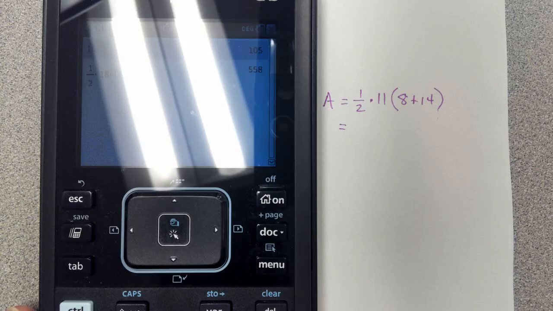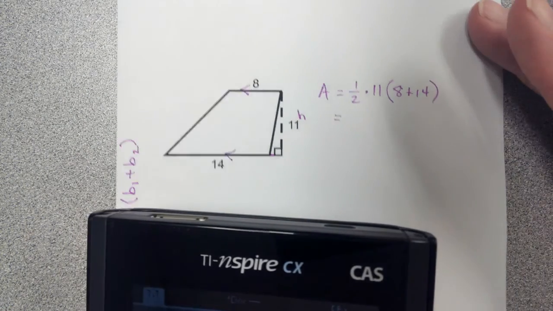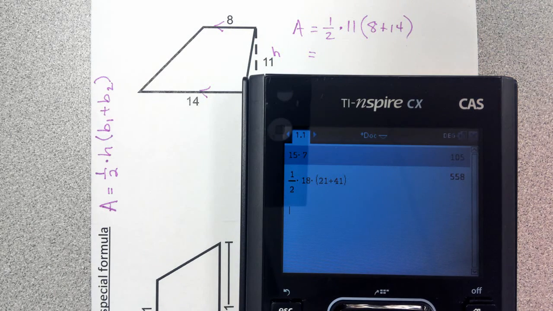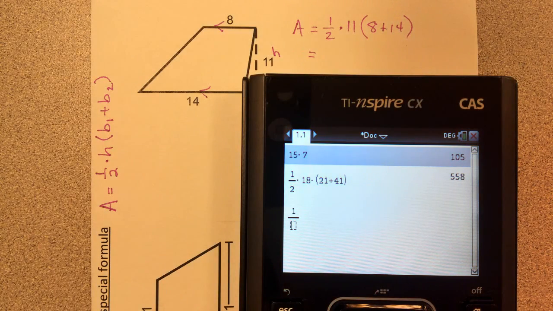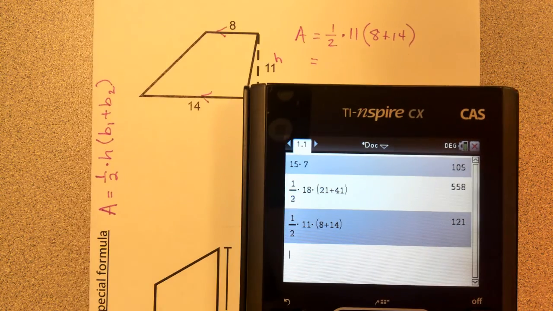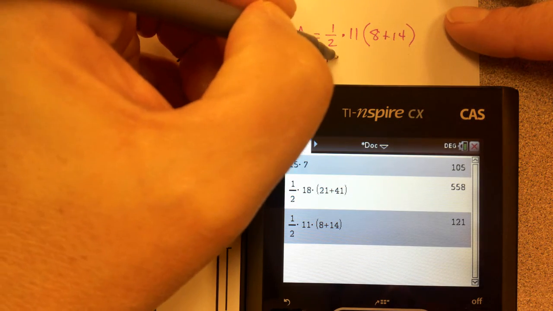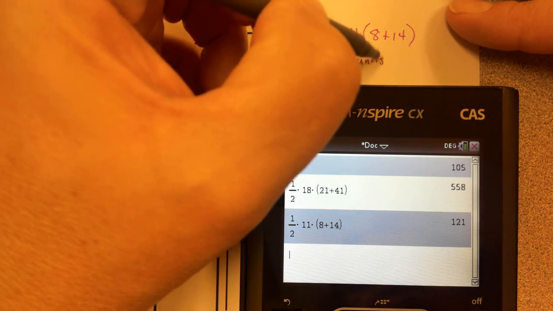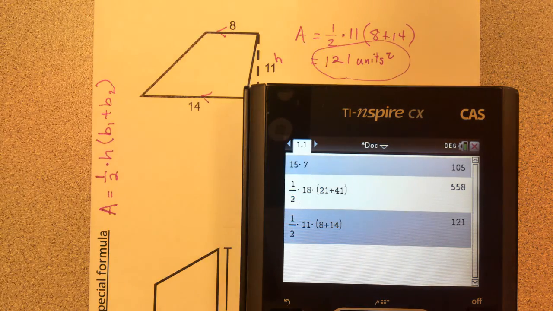For those of you who are pretty heavily dependent on the calculator, I'm going to have to shift this because the lights are glaring pretty badly. 1/2 times 11, open parentheses, the calculator knows to multiply there, 8 plus 14, and we get 121. So the area there is 121. We don't know the units for sure, so we'll just say square units and be done with it.